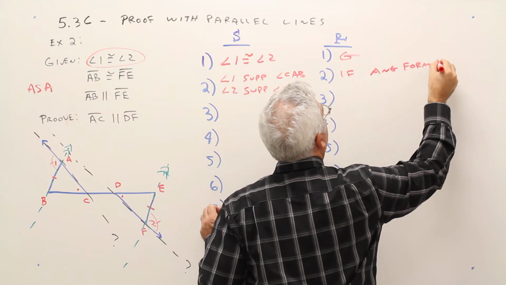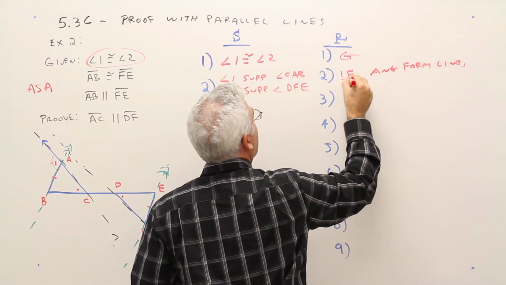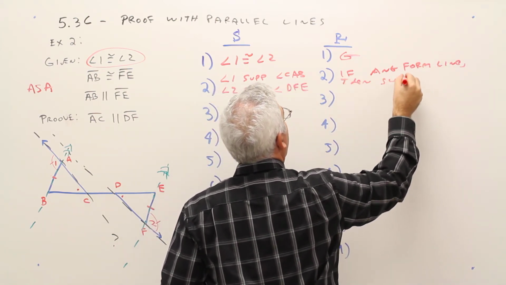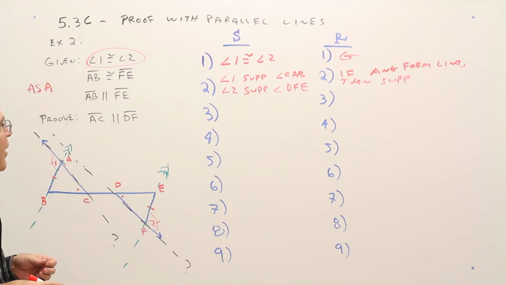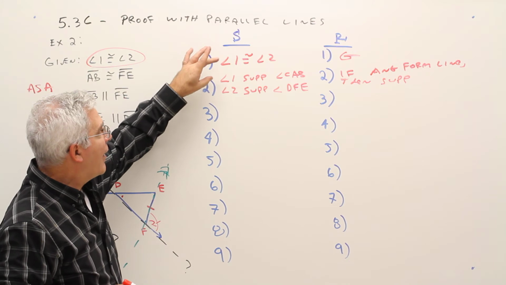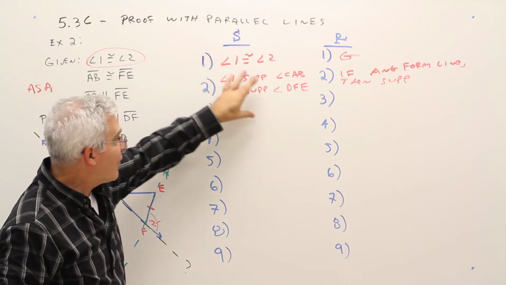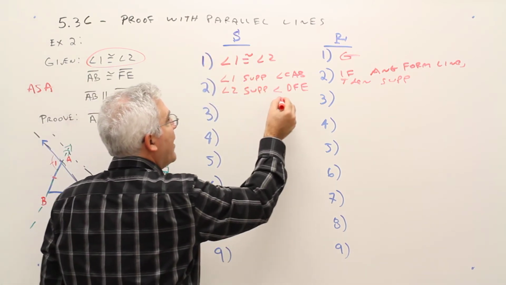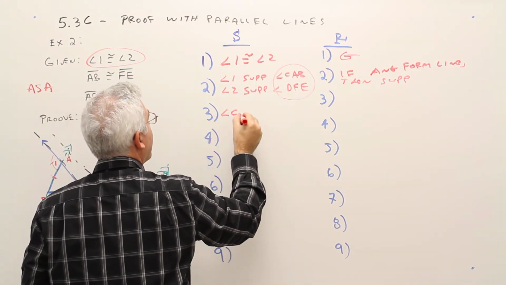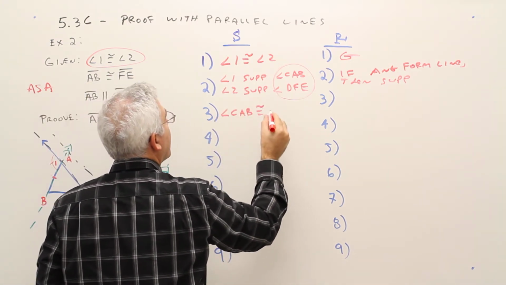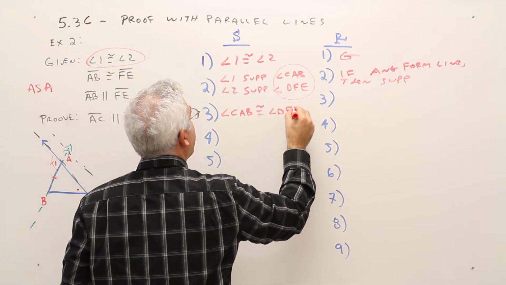If angles form a line, then they're supplementary. You could say straight angle, but line's quicker for me to say. Okay, so now I've got angles 1 and 2 congruent, and I get the supplementary. So now I'm going to have these 2 angles being congruent. So angle CAB is congruent to angle DFE.